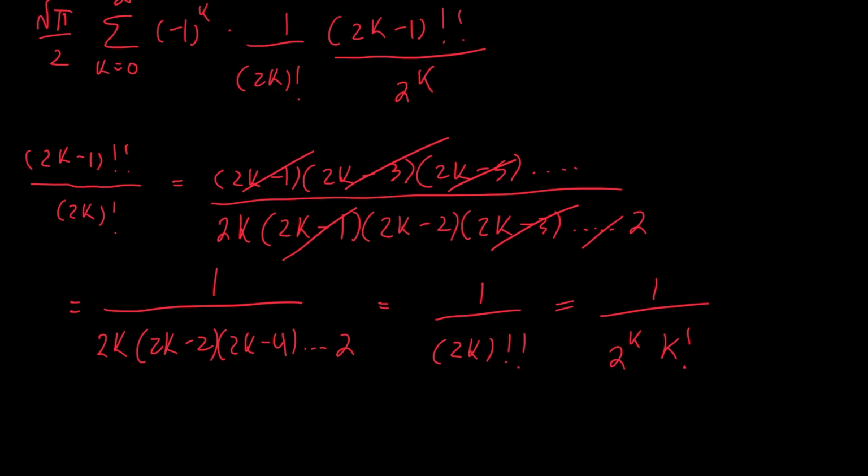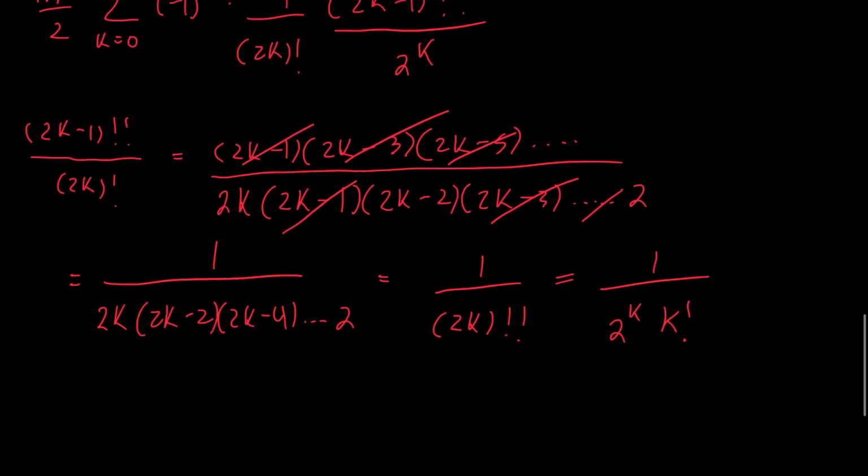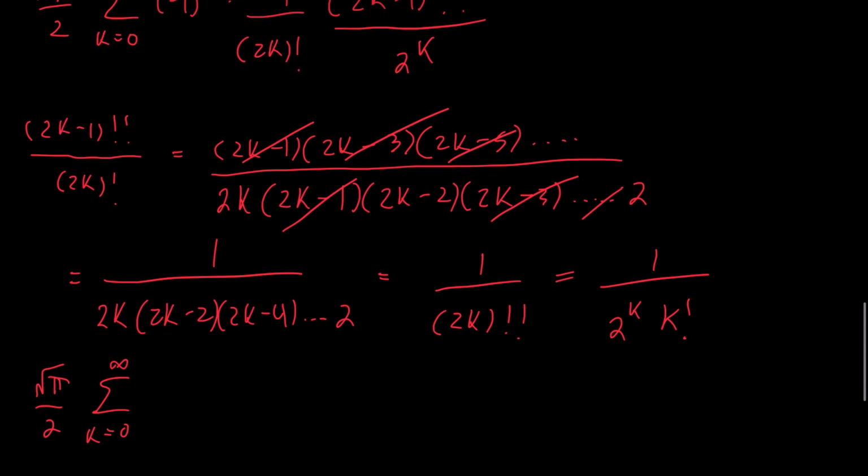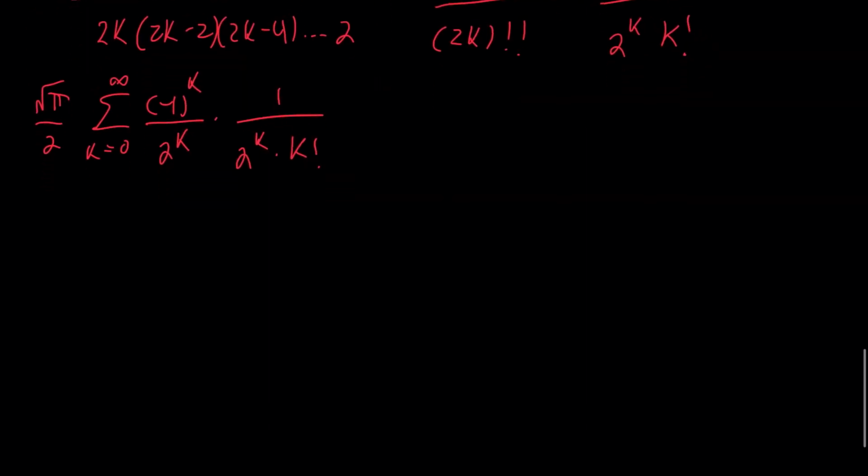So now replacing that there, we're going to have square root of pi over 2 sum from 0 to infinity, negative 1 to the k. We're going to have a 1 over 2 to the k, and then we're going to have a times 1 over 2 to the k times k factorial. So now simplifying some things, we're going to have the square root of pi over 2 sum from 0 to infinity.